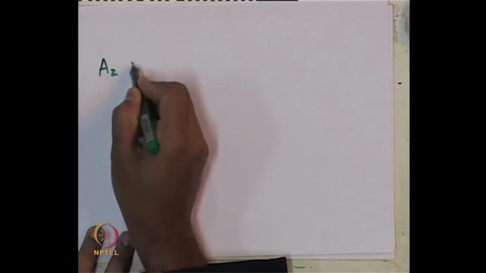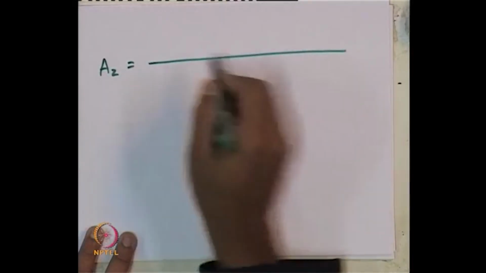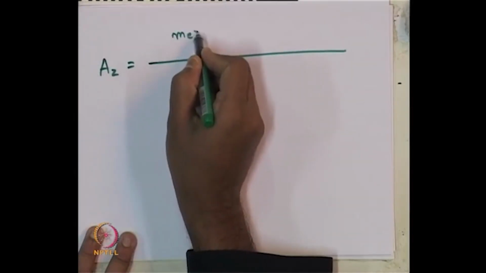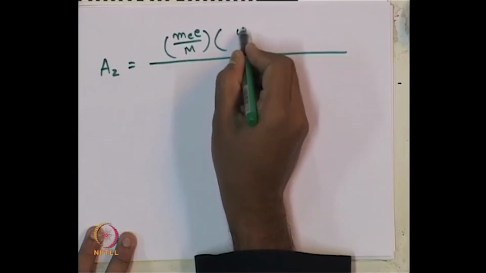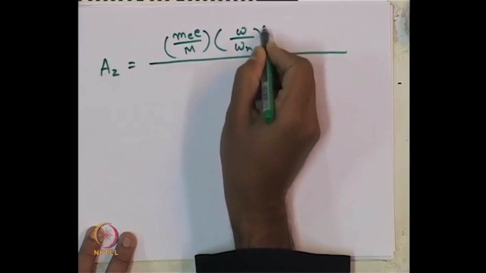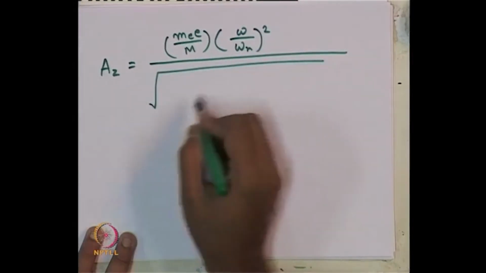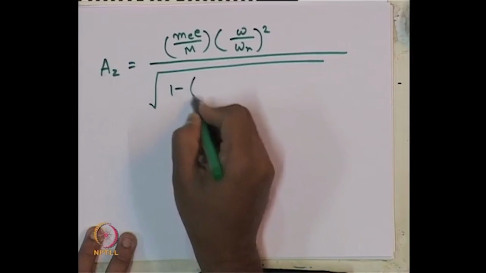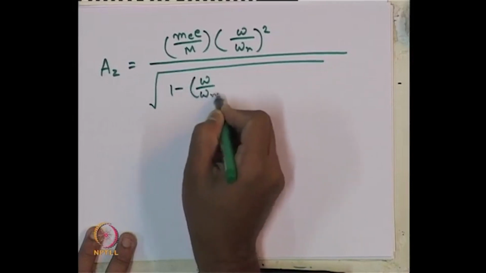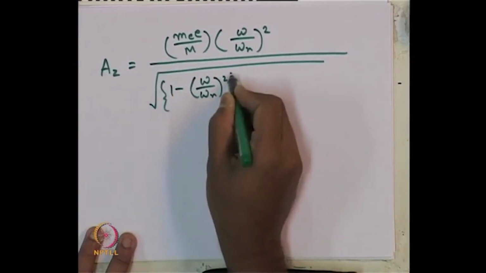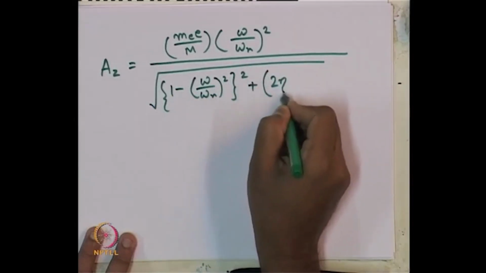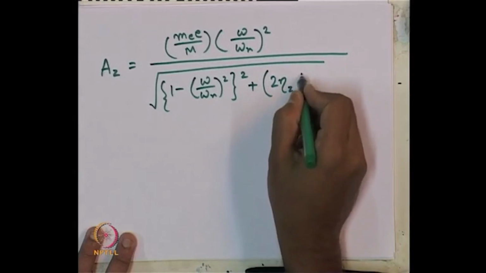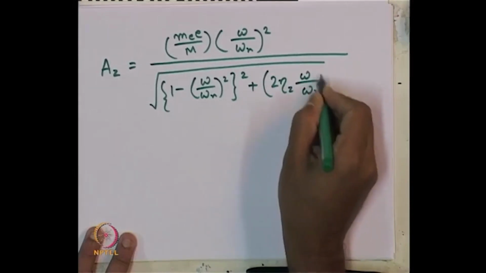And the expression for Az in this case was m e e by m times (omega by omega n) whole square, divided by root over (1 minus (omega by omega n) whole square) whole square, plus (2 eta z omega by omega n) whole square.